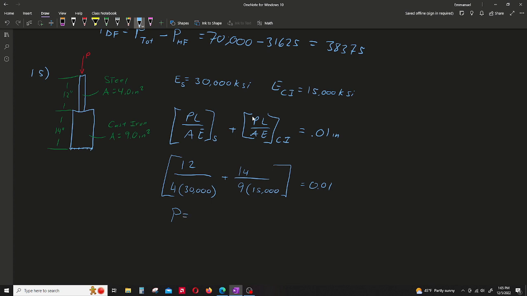And solving for P, we get 49.1 kips. Then for our stress, this would be part A, sorry. That would be P over A. P we solved for 49.1, and A, the steel area, is 4.0, because they only asked for the compressive stress in the steel. So we get 12.28 KSI.